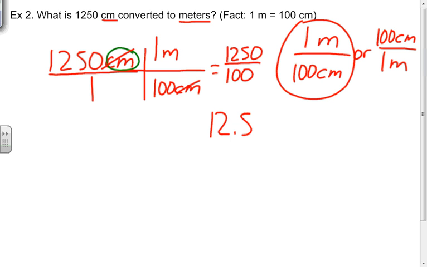Now, the whole point of this problem is units, right? You're talking about centimeters, you're talking about meters. You have to put a unit on your answer, because I don't know if you're talking about 12.5 meters or 12.5 centimeters or 12.5 hippopotamuses. So I have to put my unit. The only unit that's left is meters, so that's what goes in my answer.